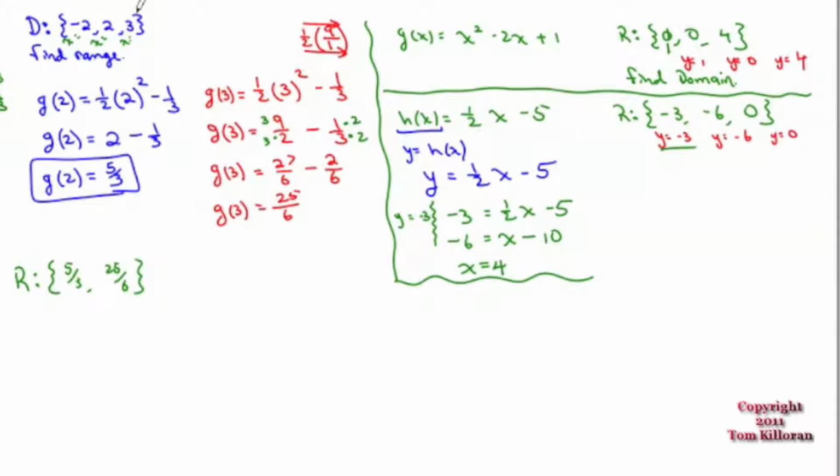Let's go for another one. Pick the next one up, which is y equals -6. At the end of this, I'm going to show you an easier way of doing this. This is pointless. We let y equals -6. It's got to equal 1/2 of x minus 5. What's your first step? Multiply by 2. You get -12 is equal to x minus 10.